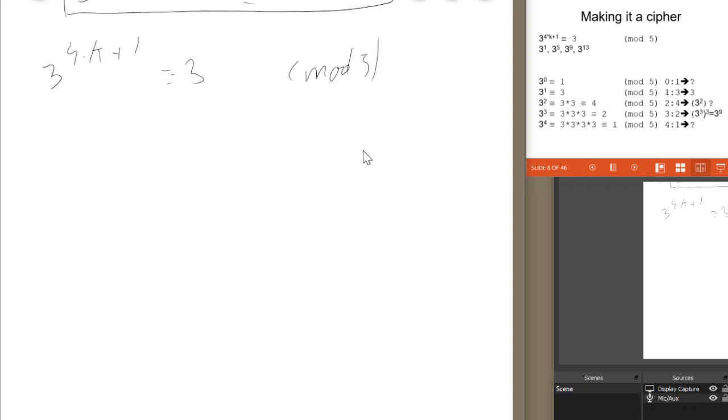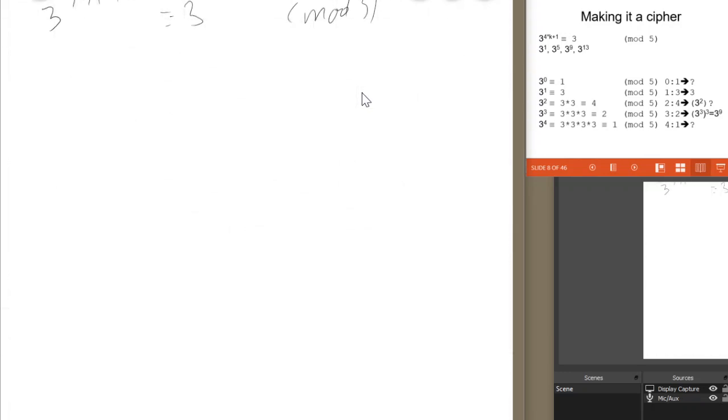With this particular relation, we can observe that the applications for various values of k yield 3 to the power 4 times 0 plus 1, it's 3 to the power 1.